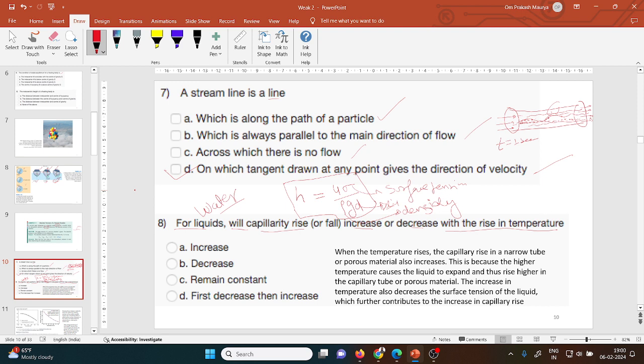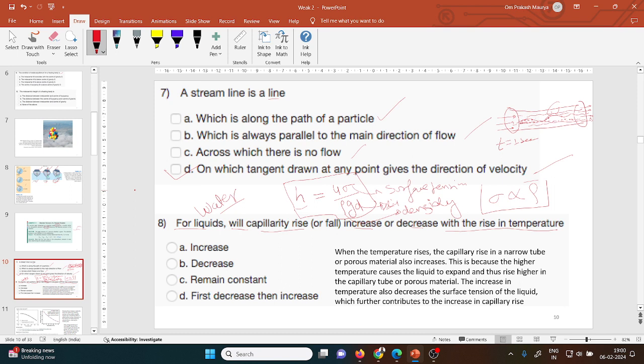So what will happen? The height depends on surface tension and density, and surface tension and density are themselves directly related. Surface tension is directly proportional to density.